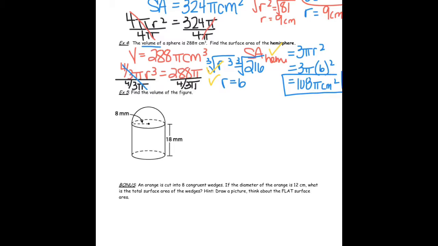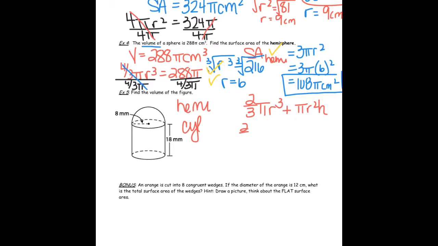All right, let's do this last example. Find the volume of the figure. Well, I have a hemisphere and I have a cylinder, and it's a volume question. So the volume of a hemisphere, 2/3 pi r cubed, plus the volume of the cylinder, pi r squared h.